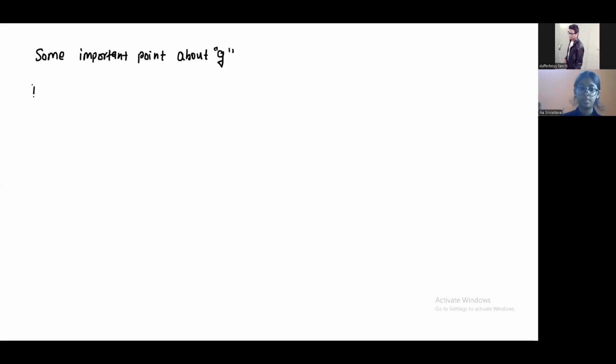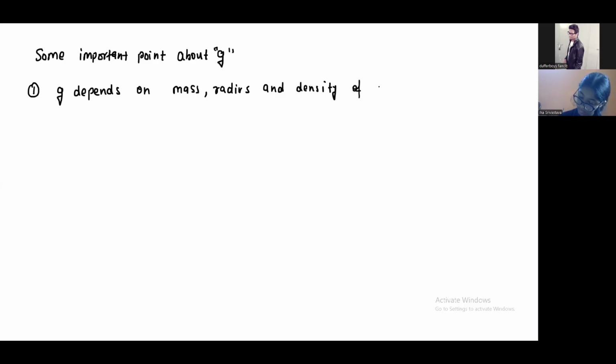First point: g depends on mass, radius, and density of the planet, where we find the value of g.